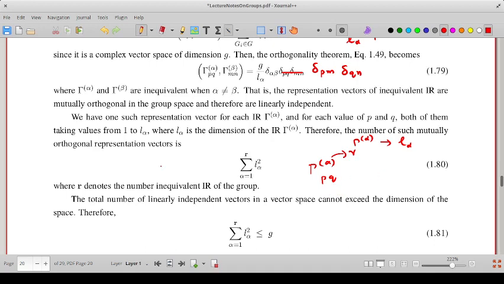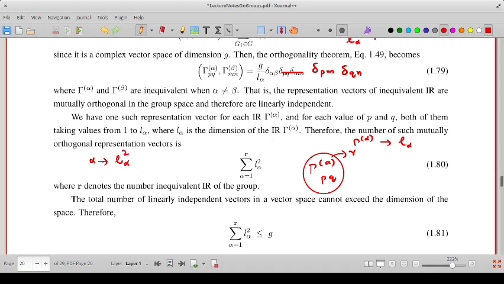So for a given alpha irreducible representation, the number of vectors of this form is the number of possible choices for the pair PQ. So P can take L alpha values, Q can take L alpha values. So the total number is L alpha into L alpha, which is L alpha square.